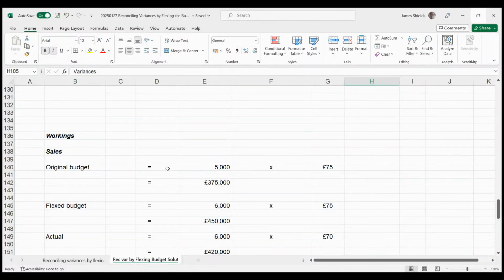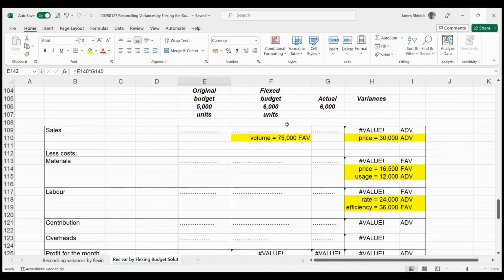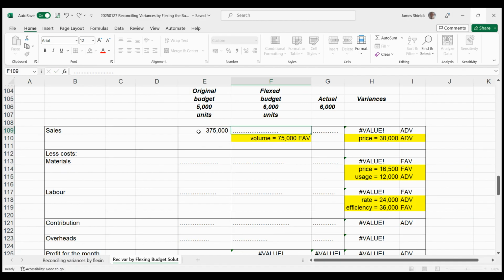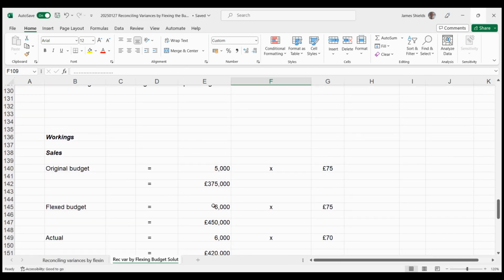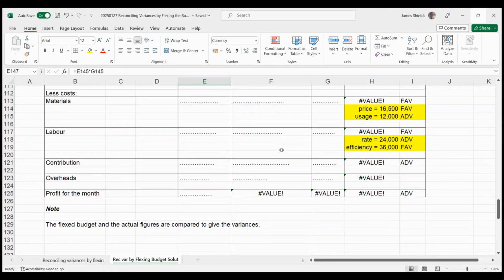Sales. The original budget was 5,000 units at £75, so it's £375,000. So that's our £375,000 here. Now the flex budget is 6,000 units, so 6,000 times £75 gives us £450,000.